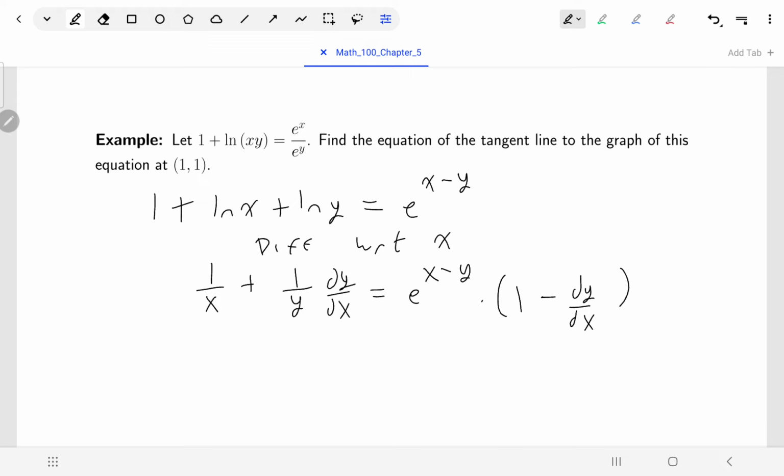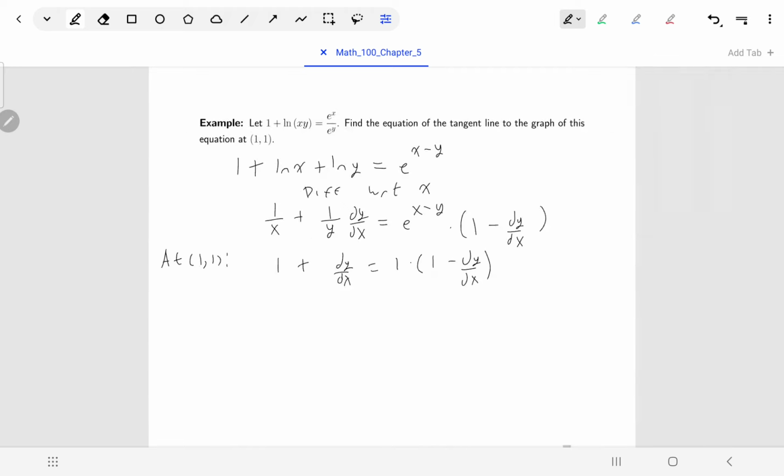I just need to find my slope, and I know what point I'm using, so I would just go right ahead and say at that point 1, 1, we would have 1 over 1, which is 1, plus 1 over 1, which is 1, times dy dx, equals e to the 1 minus 1, e to the 0, that's 1, and times 1 minus dy dx.